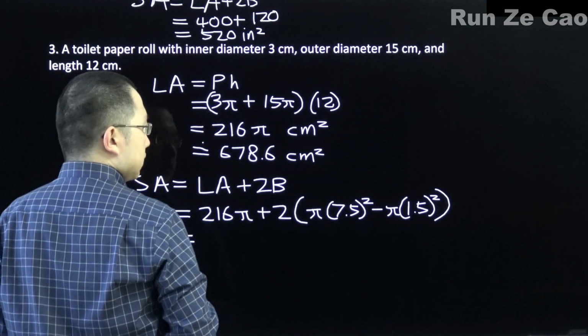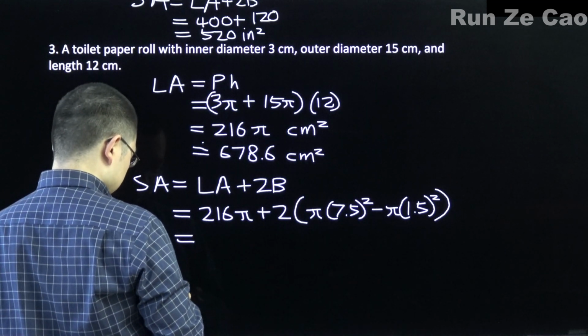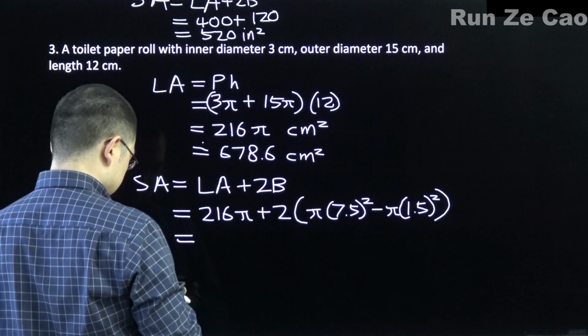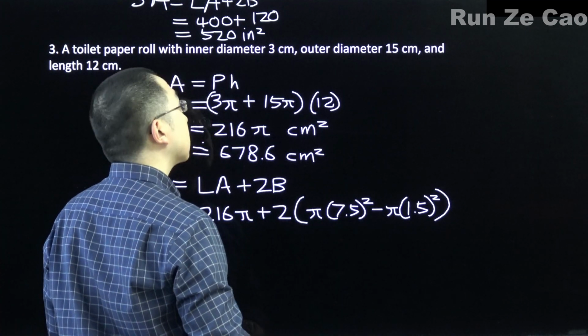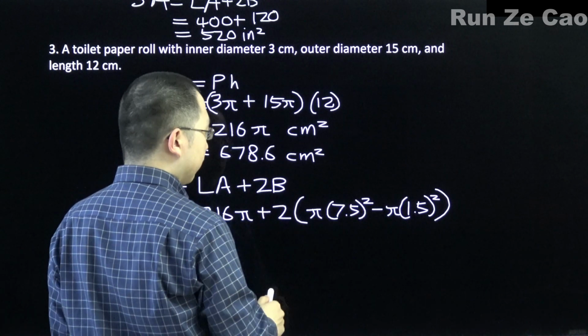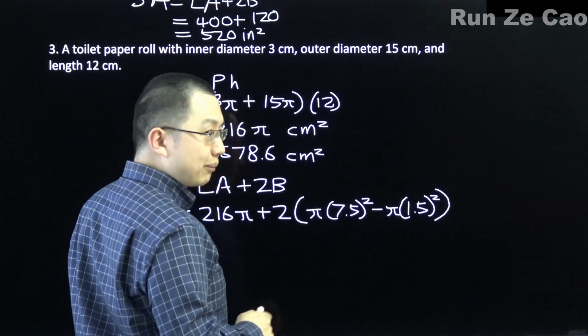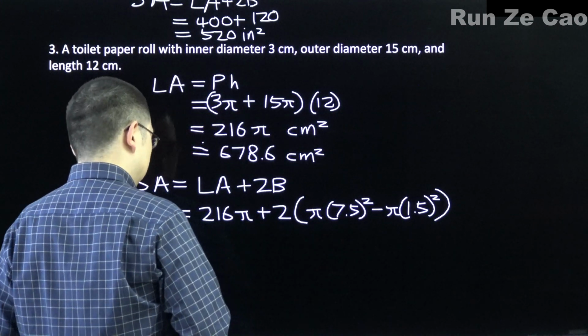Okay, so 7.5 squared minus 1.5 squared gives you 54. Does this work? Yeah, difference of squares tells us that it's going to be 7.5 plus 1.5 times 7.5 minus 1.5, which gives us 9 times 6, which is 54.